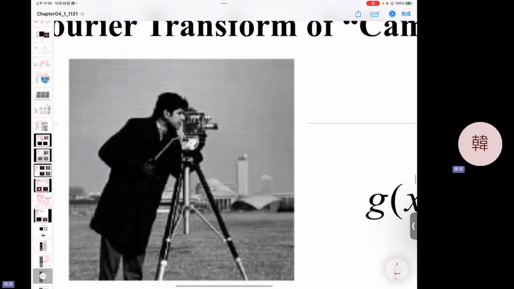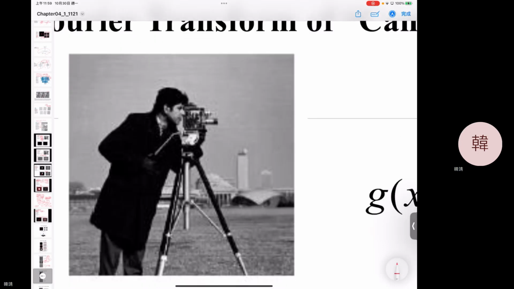Can you map the result? What's the difference? Do you see that one? A lot of shining. Can you tell me why? Why does the cameraman have this energy, like the shining?